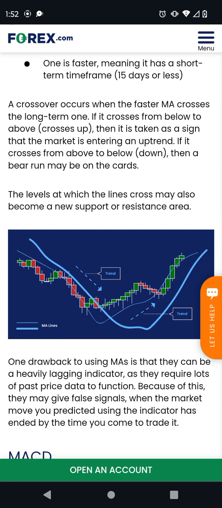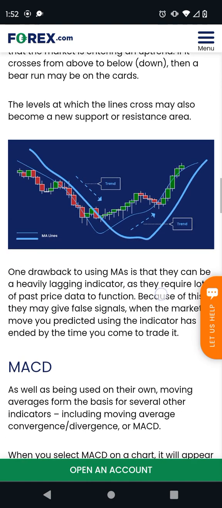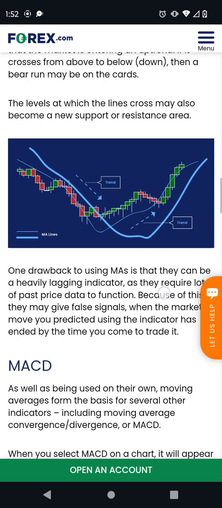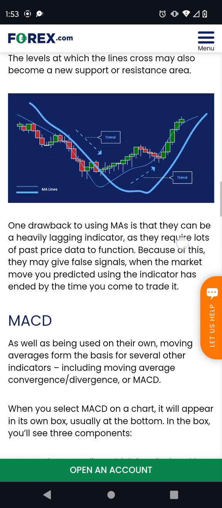A crossover occurs when the faster MA crosses the long-term one. If it crosses from below to above, then it is taken as a sign the market is entering an uptrend. If it crosses from above to below, then a bear run may be on the cards. The levels at which the lines cross may also become a new support or resistance area.